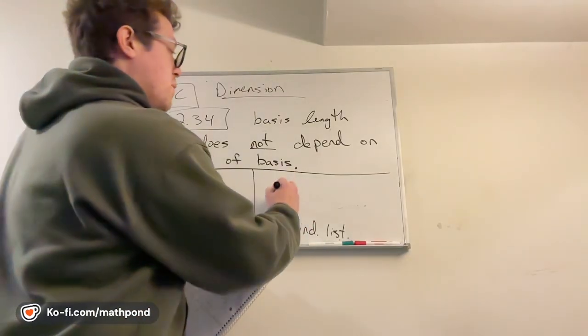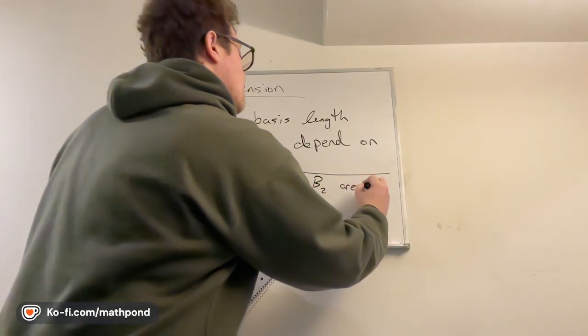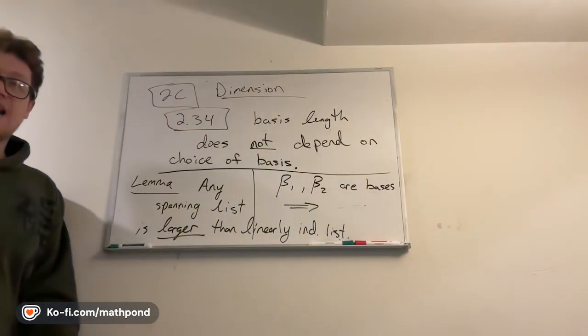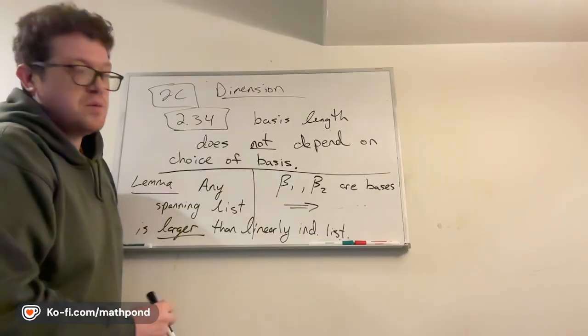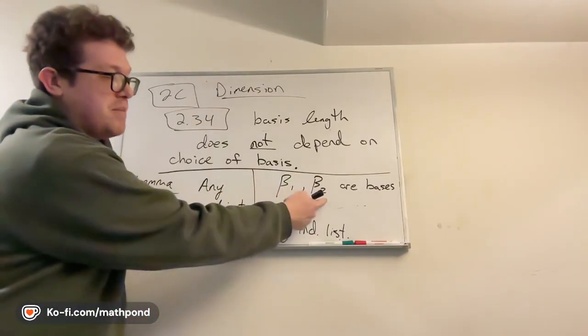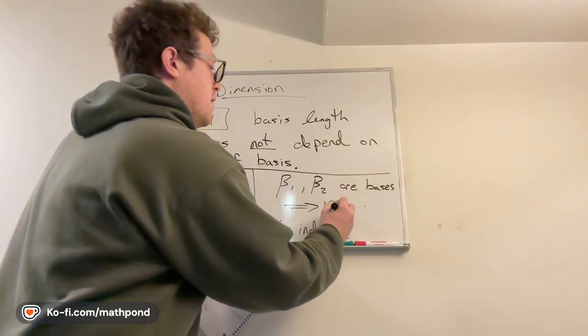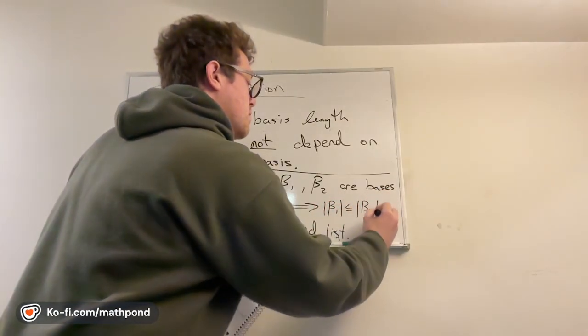So we have beta 1 and beta 2 are bases. Then the size of beta 1 is smaller than or equal to the size of beta 2, because beta 1 is linearly independent and beta 2 is a spanning list.